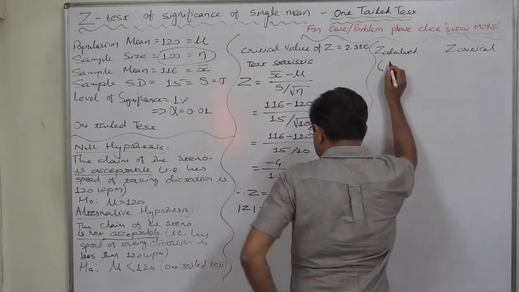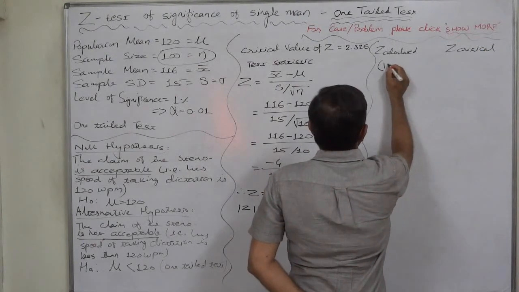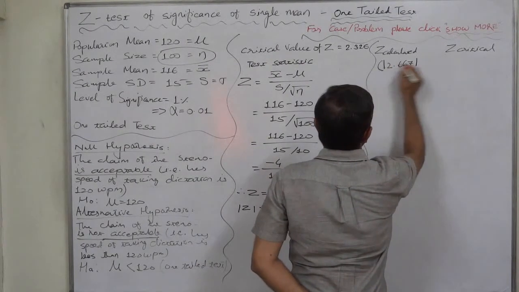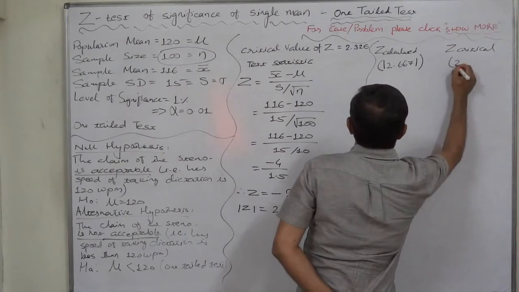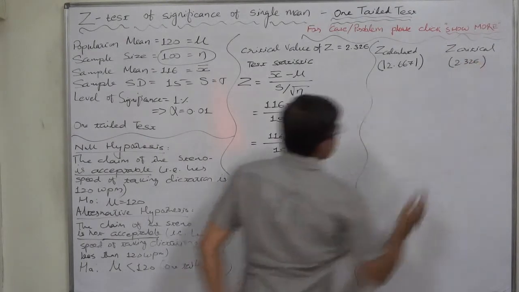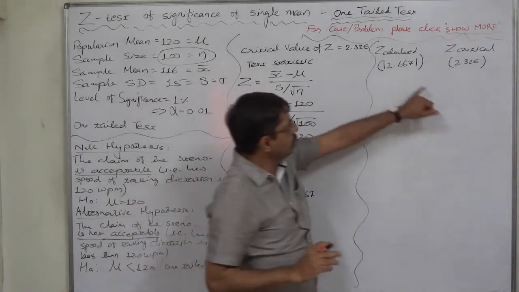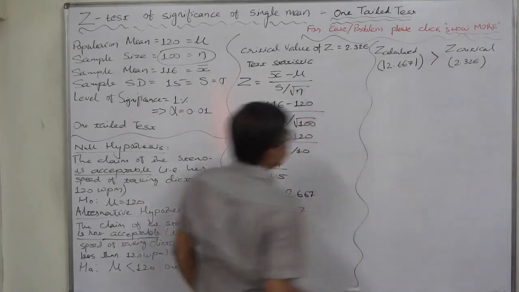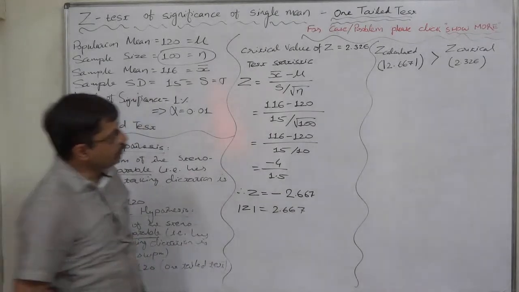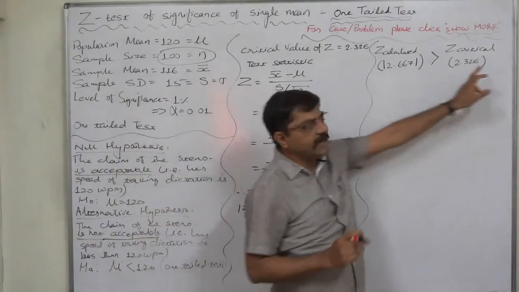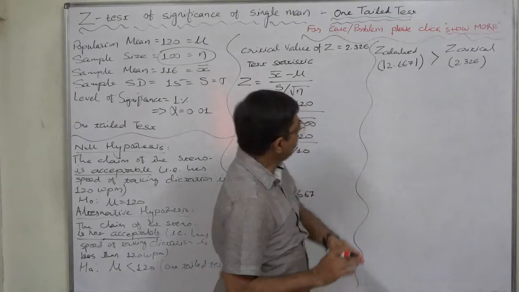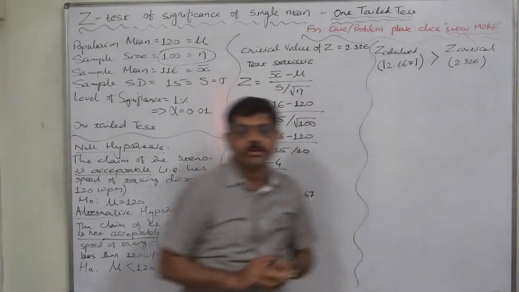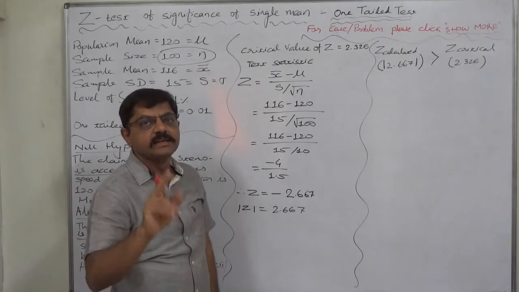Calculated Z is 2.667 modulus and critical value is 2.326. Since we consider these as non-negative, this is also non-negative and greater. That means the calculated value of Z is greater than the critical value. And when the calculated value of the test statistic is greater than the critical value, the null hypothesis is rejected.